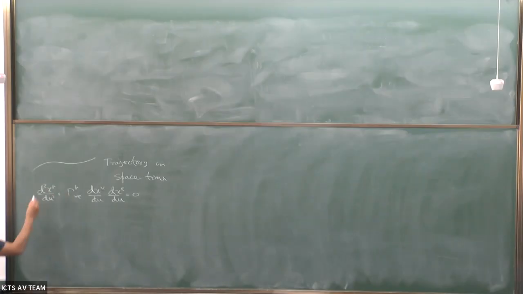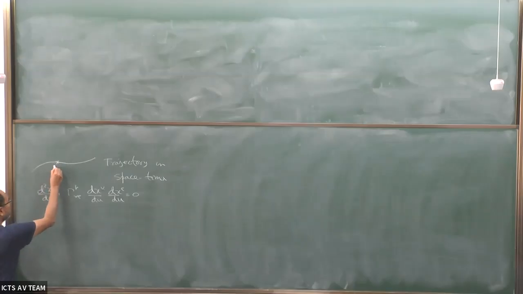Now let's suppose that we have some point x(0). Let us put a 0 in the bracket so as not to confuse with the index. Some arbitrary point on the trajectory.